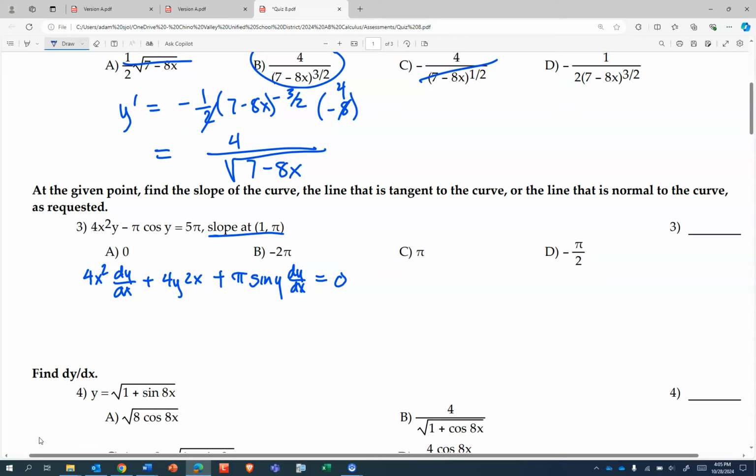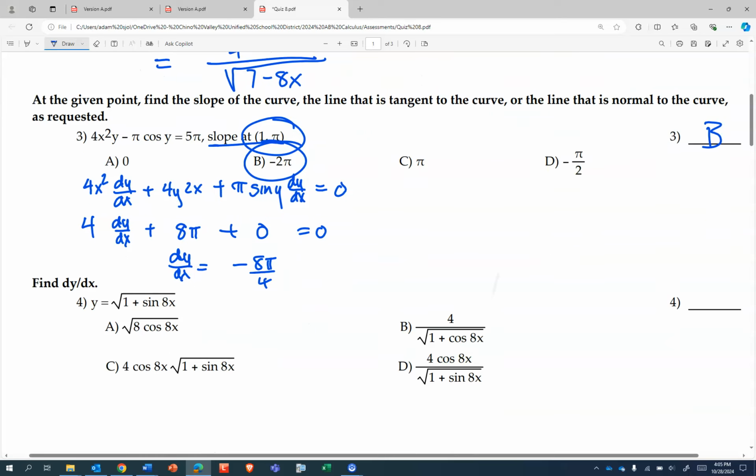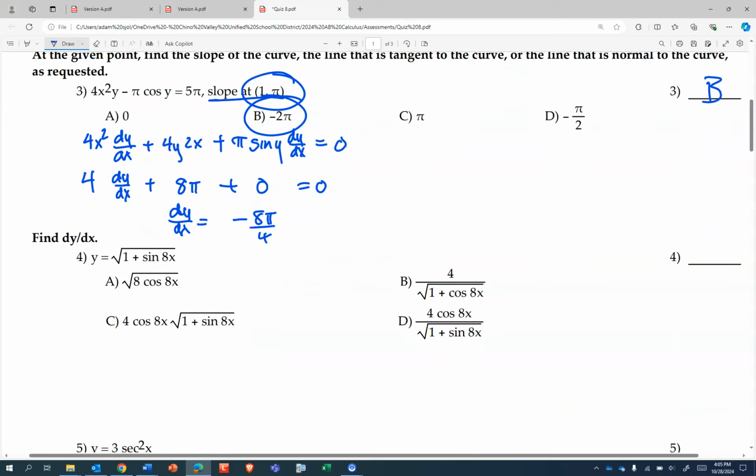And then I'm going to put in (1, pi). So 4 dy/dx, I'm not going to show that, plus 4 times 1, so that's 8 pi. And sine of pi is 0. And so I get dy/dx is equal to negative 8 pi over 4. I'm not going to write 2 pi or negative 2 pi. I'm just going to circle it and move on. We don't need to simplify.